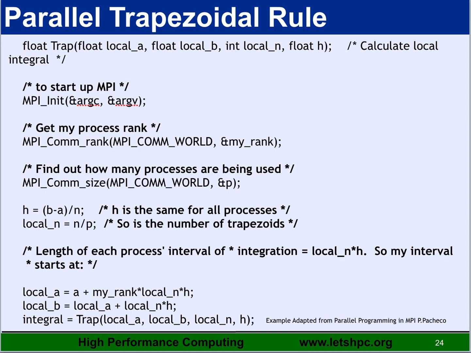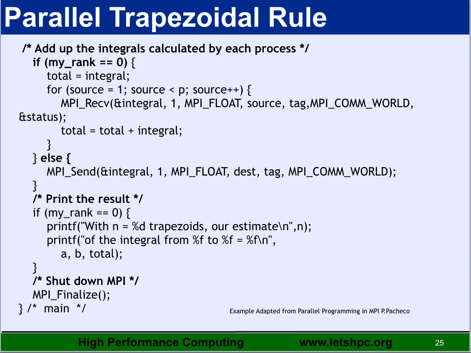Once we have calculated that for each process, I mention clearly that if the rank is 0, then it is going to receive. You can see if my rank is 0, there is no send statement here, it's simply the receive. So it is receiving from all other processes.